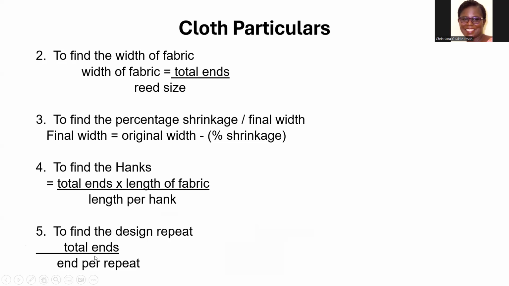You need to know the total number of ends, then the ends per repeat, that small size that is being repeated several times. You divide the total ends by that, so you know the number of repeats across the width of the fabric.